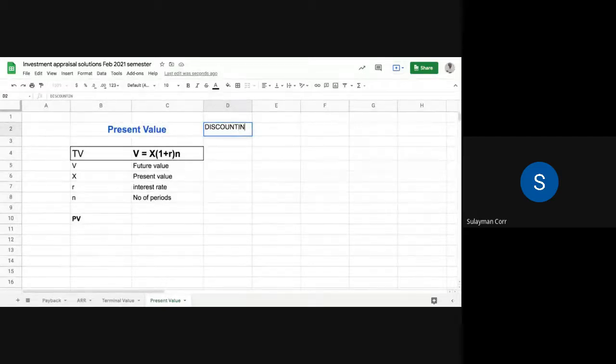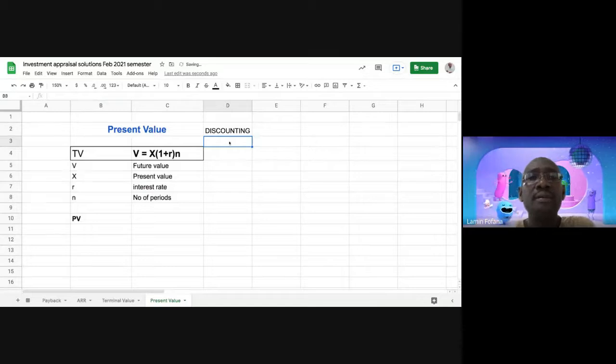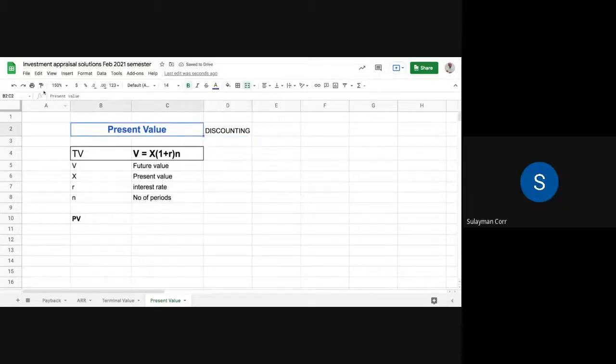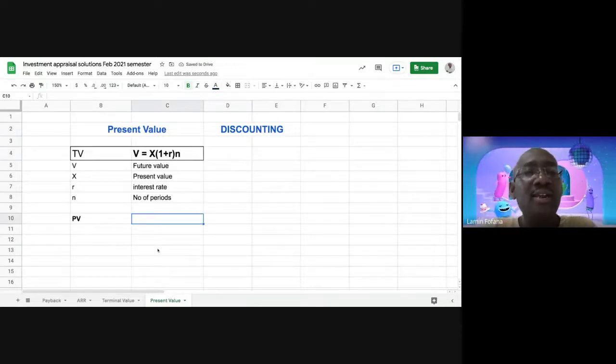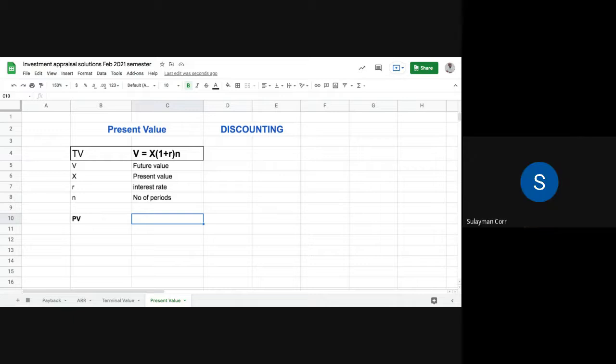I think it should be x equals V into bracket open 1 plus r over n.